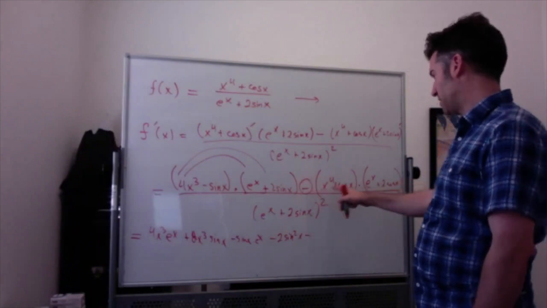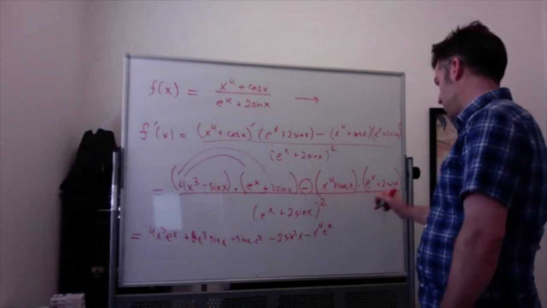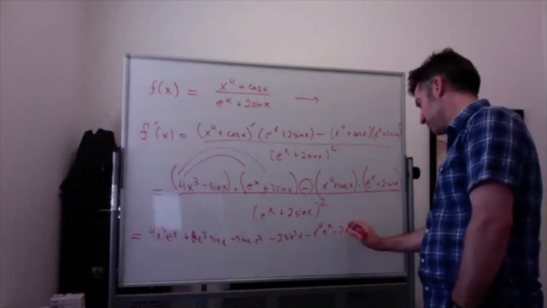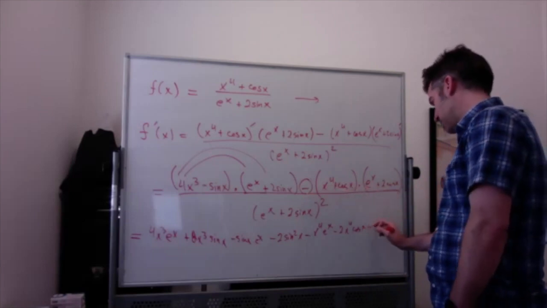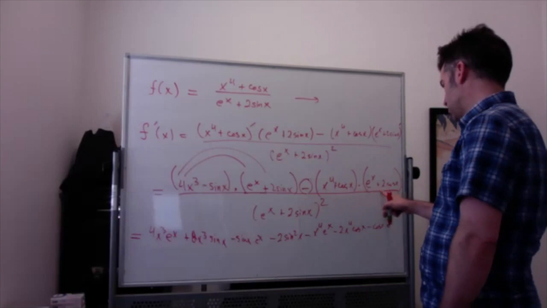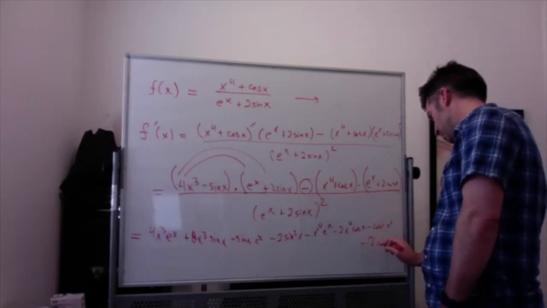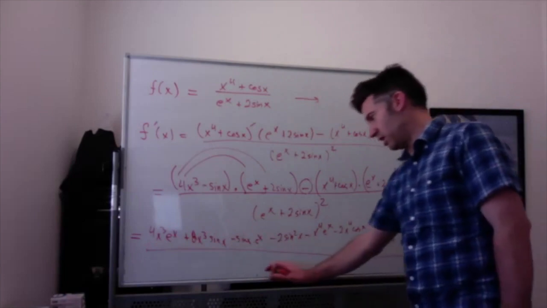So it's minus x to the fourth e to the x. Ugh. Minus x to the fourth times 2 cosine x, minus cosine x times e to the x, minus cosine x times 2 cosine x, which is minus 2 cosine squared x, all over the same denominator.